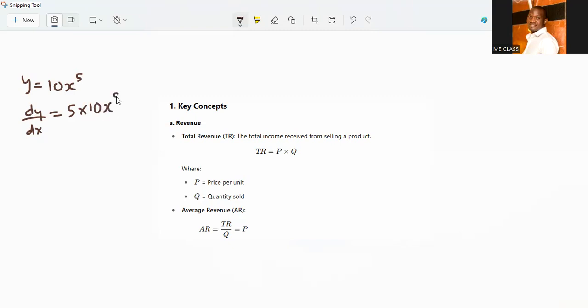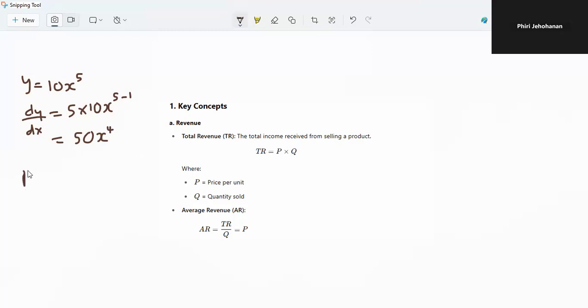So our final derivative is 50x to the power 4. So 5 times 10 is 50, subtract 1 from the 5, we get 4. That's how we find the derivative.